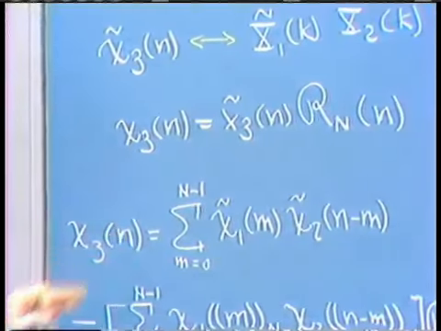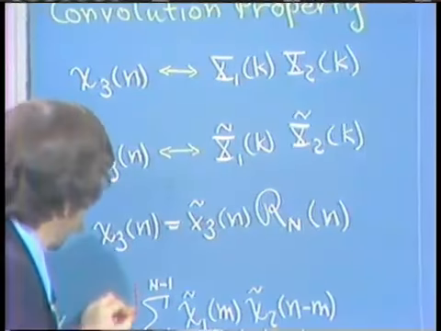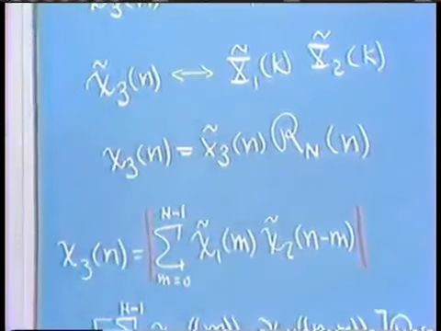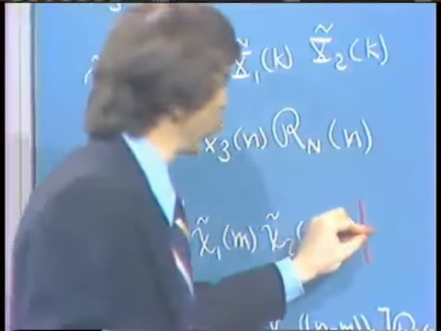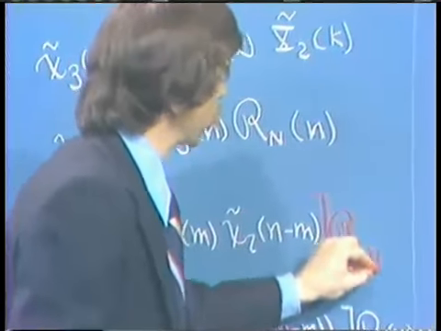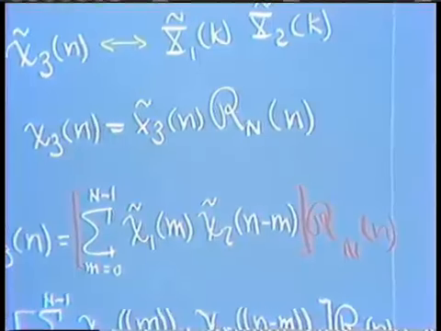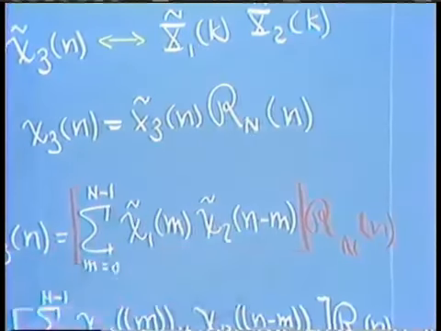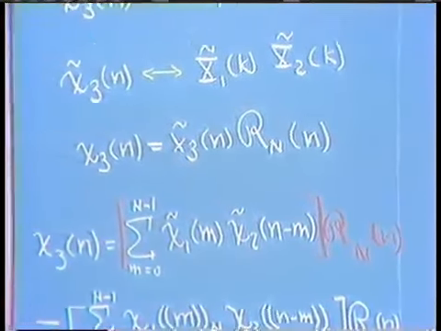Well, the finite length sequence, x3 of n, that corresponds to the product of these two discrete Fourier transforms, corresponds then to extracting a single period from this periodic sequence. In other words, multiplying this by r sub capital N of n. So this then is the kind of convolution that results from multiplying the discrete Fourier transforms together.